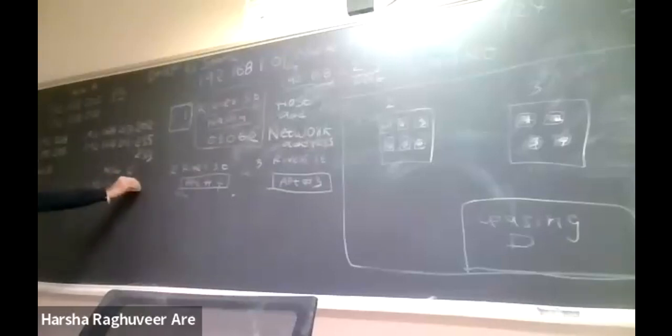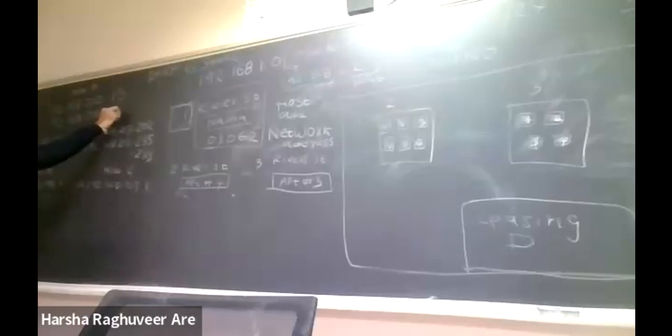No, for this one. So for this one, it will be gateway dot one. 192.168.192.1. So this is gateway. Okay, guys. So this is gateway. And the gateway for this guy will be dot one. So this is gateway.